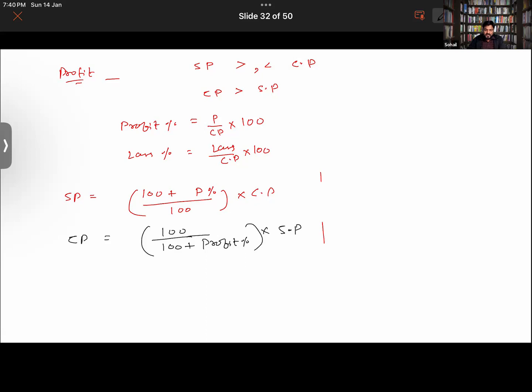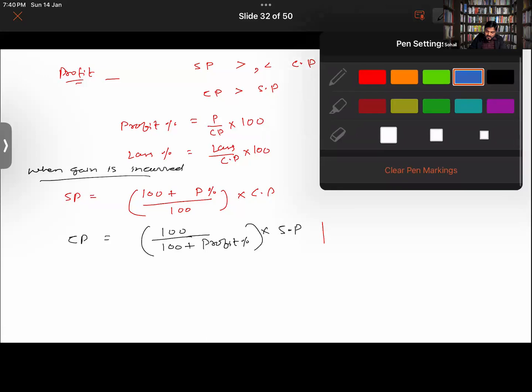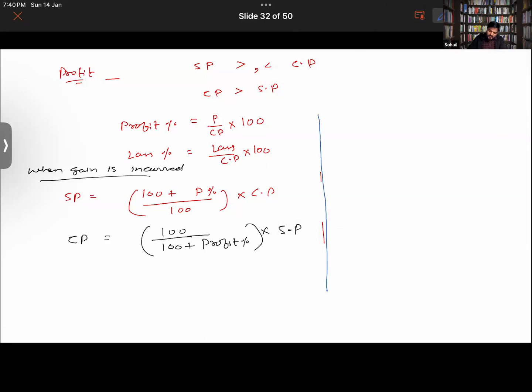Now, what if loss is incurred? Till now we were talking about when gain is incurred. The second thing is what if loss is incurred? We would just replace the profit percent by loss percent, and then there will be a minus sign.